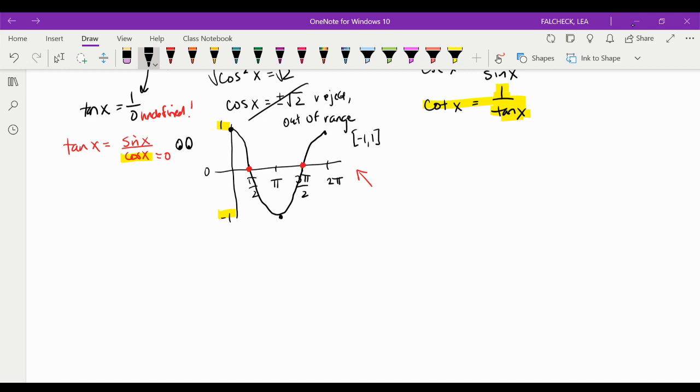So when cosine of x is equal to 0, that's when my tangent is going to be undefined. So my x values for the angle would be pi over 2 and 3 pi over 2. These are my two answers.